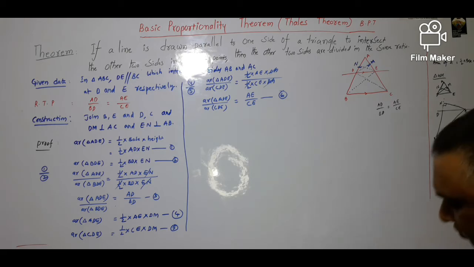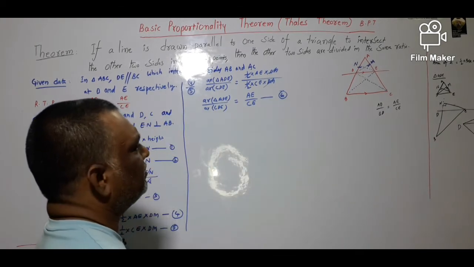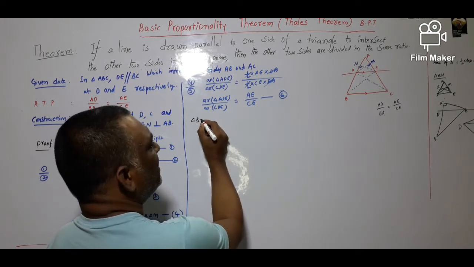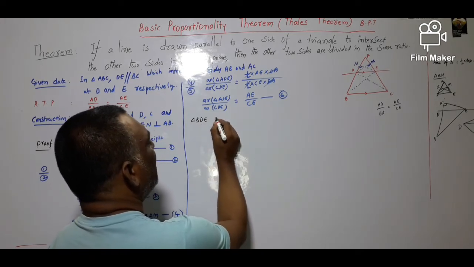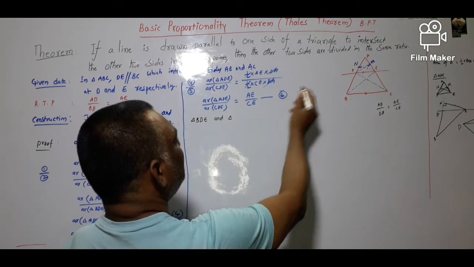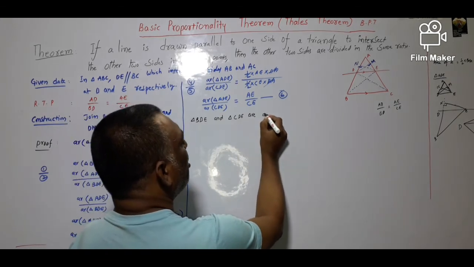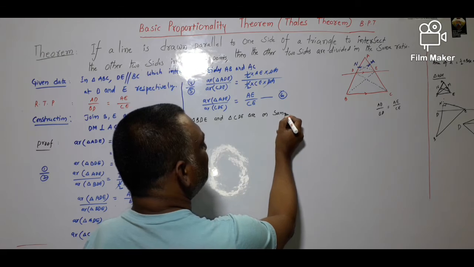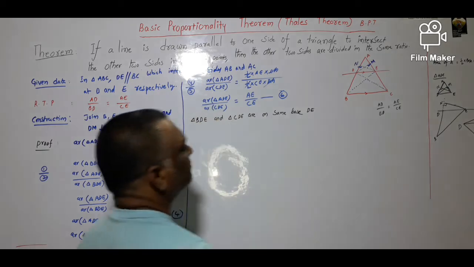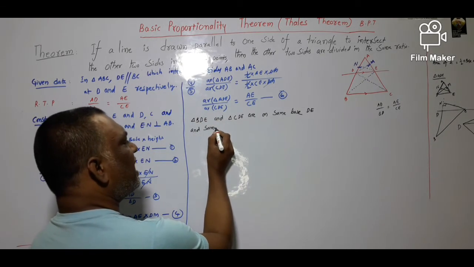So triangle BDE and triangle CDE are on the same base DE and between the same parallel lines.